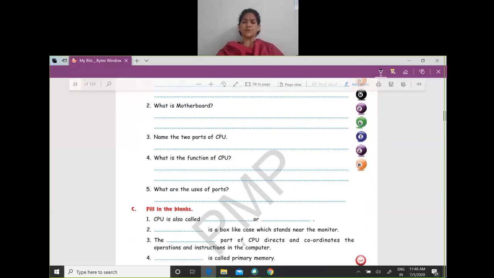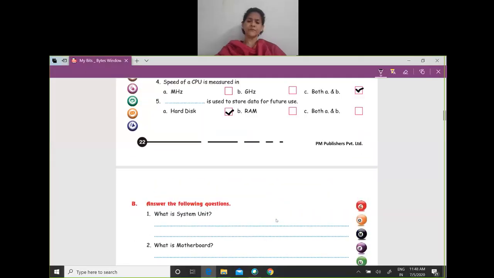What are the uses of ports? So ports are the slots which are used to connect different devices to a system unit. Okay. Fill in the blank. CPU is also called dash or dash. CPU is also called a microprocessor, or let's check.